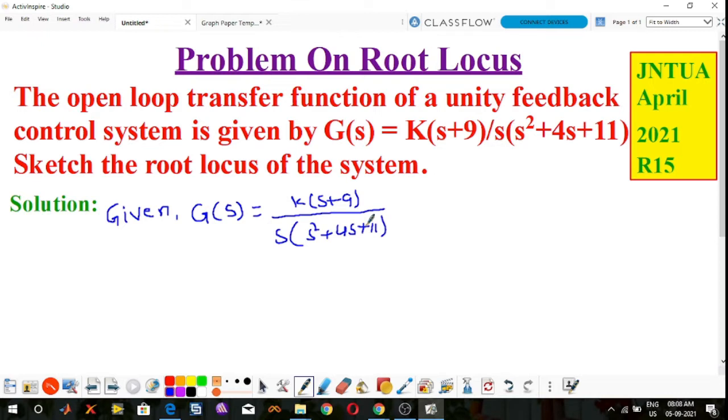The poles of the open loop transfer function are the roots of the denominator term, which is the characteristic equation.